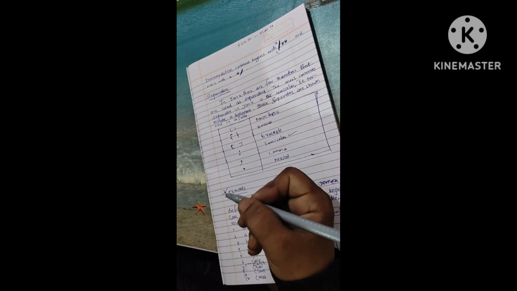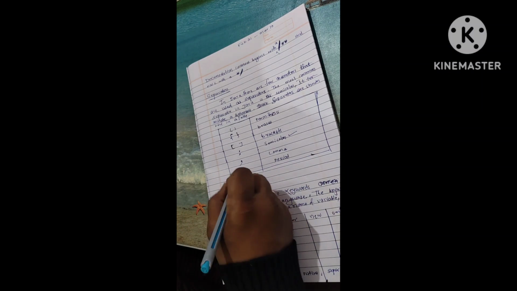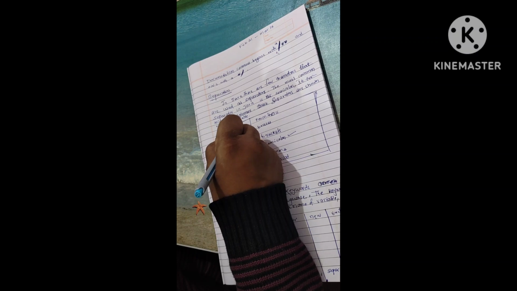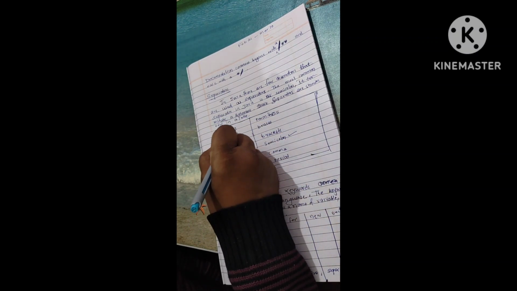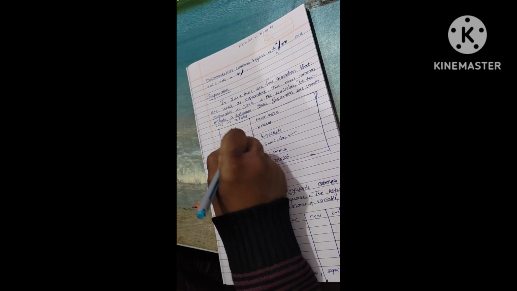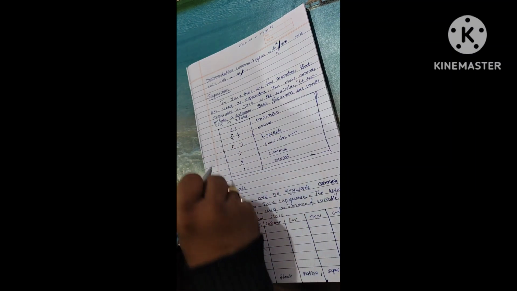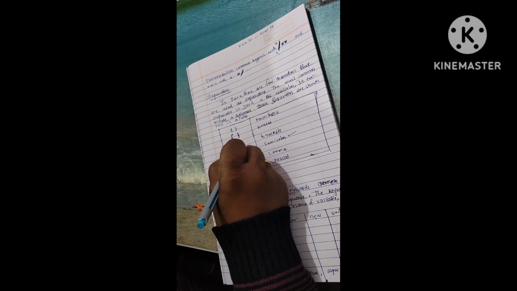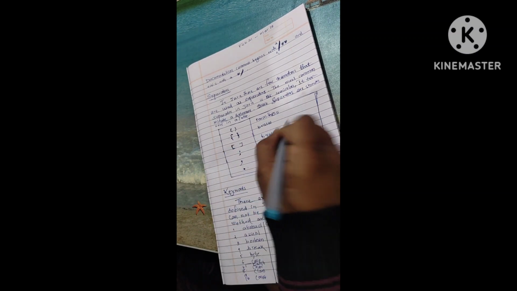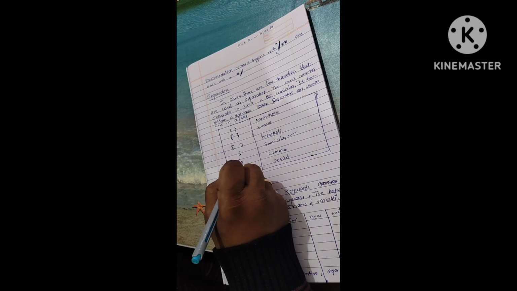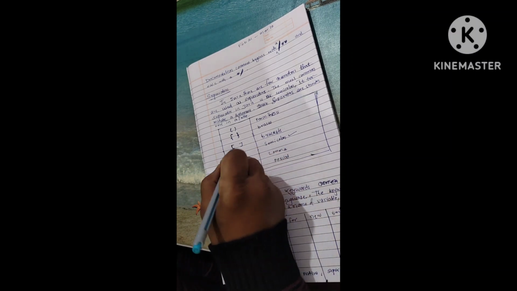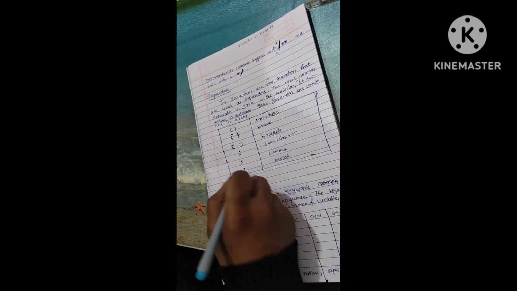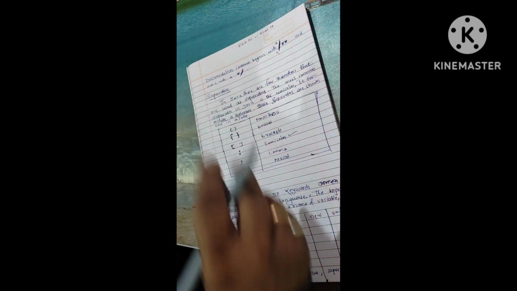Apart from that, we may use separators like parenthesis, brace, also called flower bracket, and square bracket, simply called brackets. And then semicolon, comma, and period. These are called the separators.